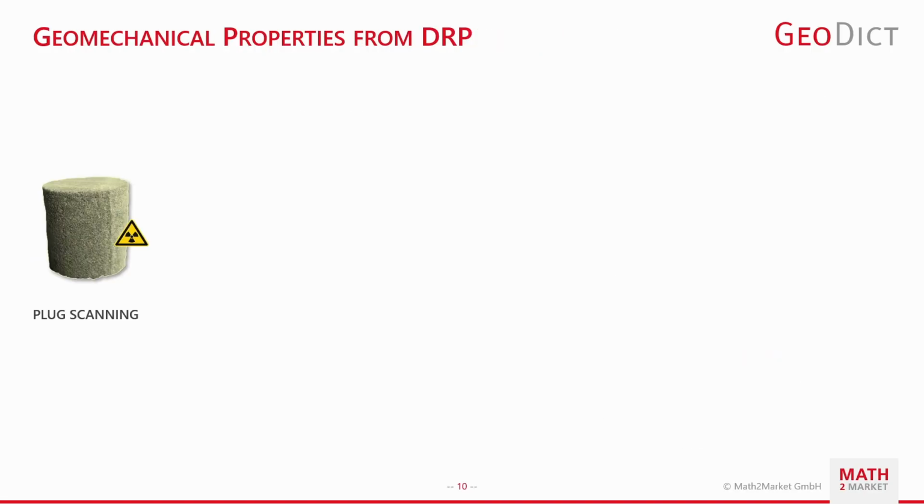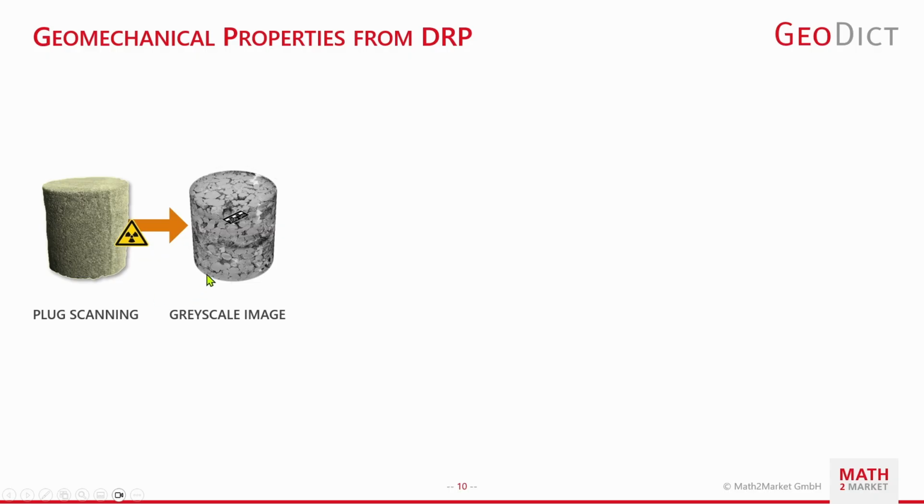Now, when it comes to the actual workflow in the prediction of geomechanics from digital rock physics, it all starts with the imaging. So you take your plug and you scan it, for example, in a micro CT device, and the result is the grayscale image.